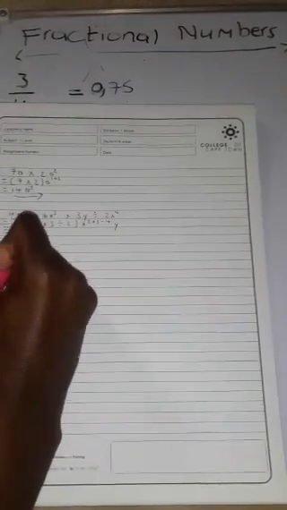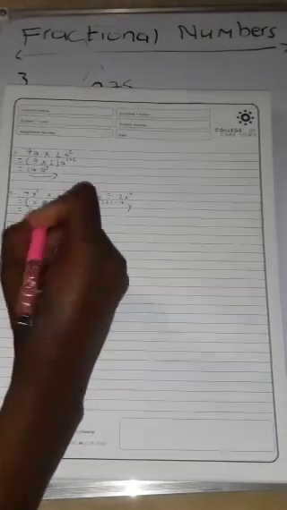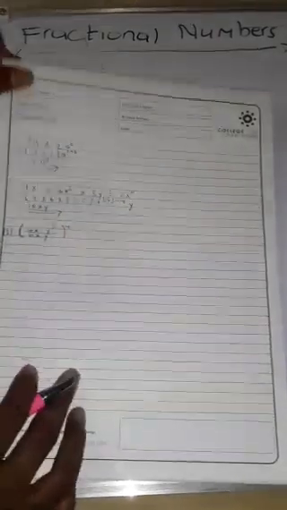Okay, let me continue. 4x to the power of 2y to the power of 3, then put divide by 6xy, right, and then close, then put to the power of 4 on the outside bracket. Okay, you can see it.